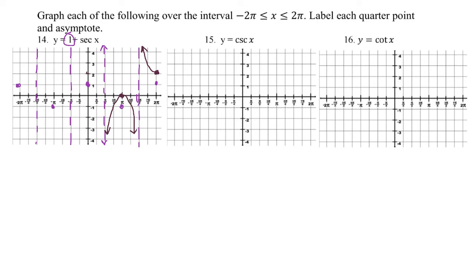And then if I shift this one up 1, we're going to see that there, here. So notice that we are really just picking up all those important points, and then we need to move them up 1. And so we have the graph of secant, or 1 plus secant x.